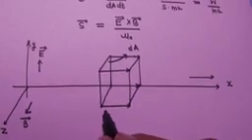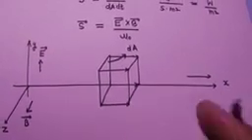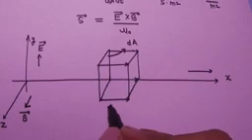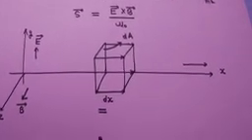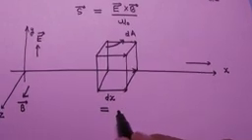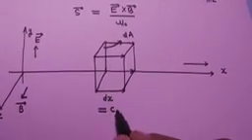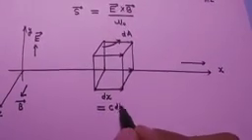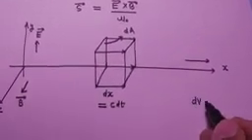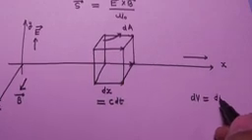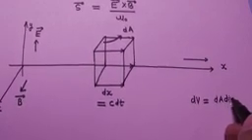Its dimension or its length is dx, that is distance travelled by electromagnetic wave in time interval dt. So dx is equal to c dt. The volume of this element is equal to dA into dx.